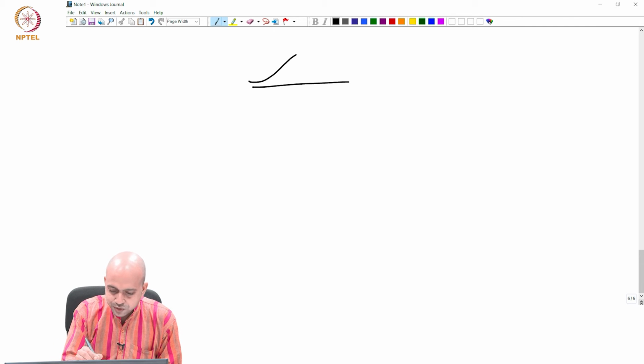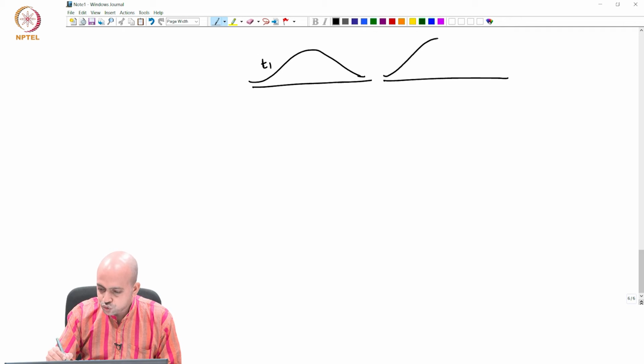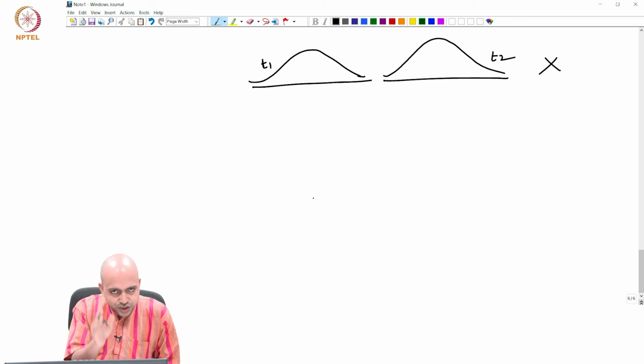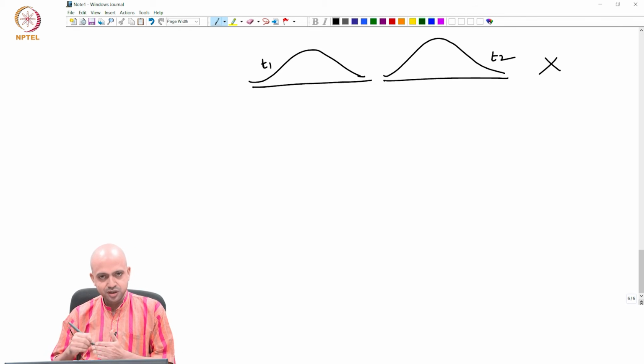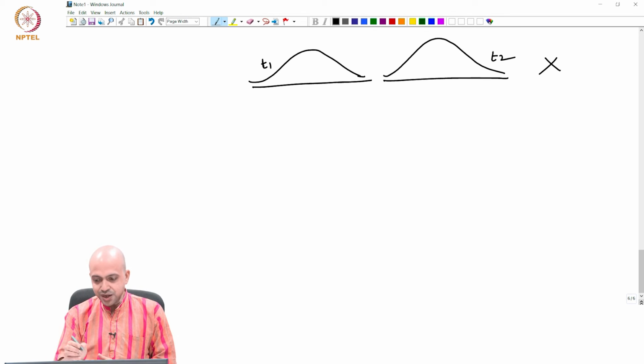In terms of this diagram, let us say that this is our t distribution for T1, and this is the distribution for T2. If this were the case, then we could have said that just because they are individually significant, jointly the variables would also be significant, because the probability statement that the intervals capture the true population parameters with 1 minus alpha square is valid if and only if these two distributions are independent.